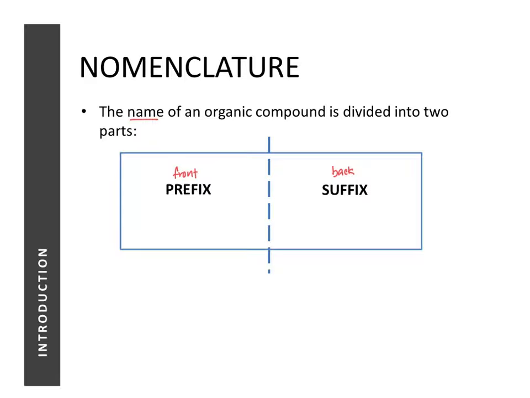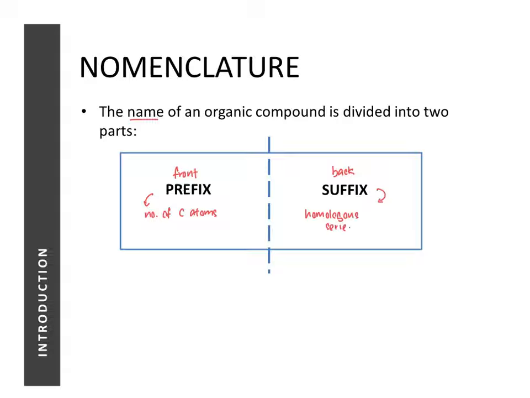What can we tell from the prefix? We can tell the number of carbon atoms. The front part of the name will tell us the number of carbon atoms. The back part of the name will tell us the family that the compound belongs to.